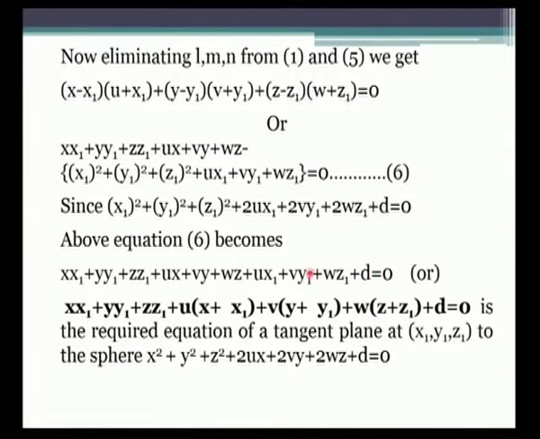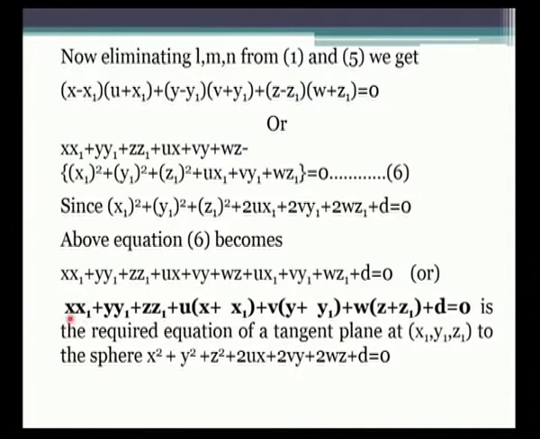So the final form of this equation will be x x1 plus y y1 plus z z1 plus u into (x plus x1) plus v into (y plus y1) plus w into (z plus z1) plus d is equal to 0.